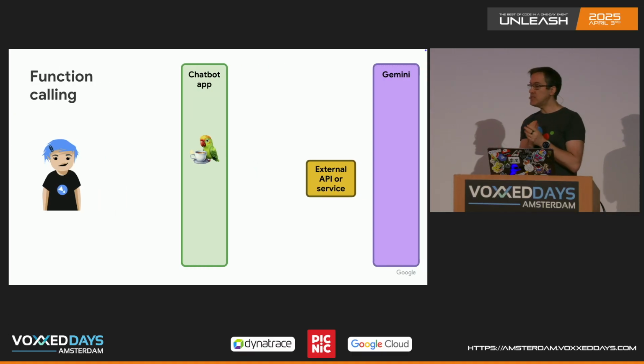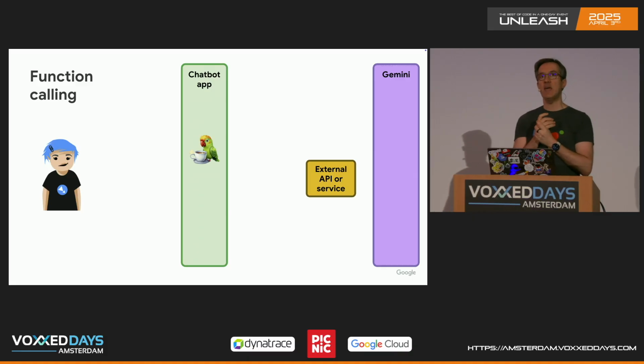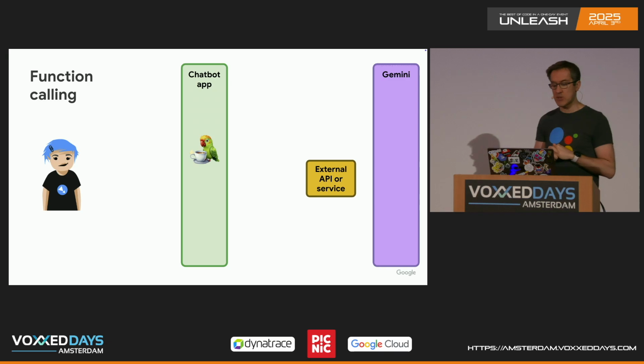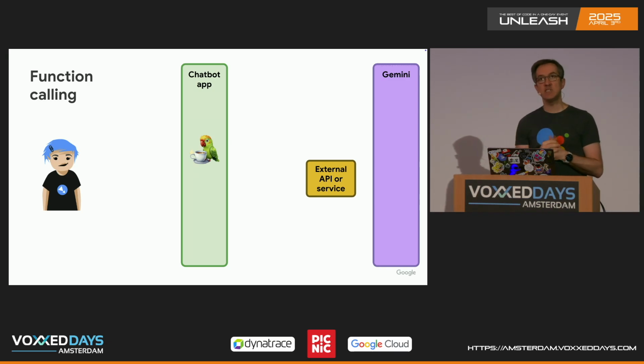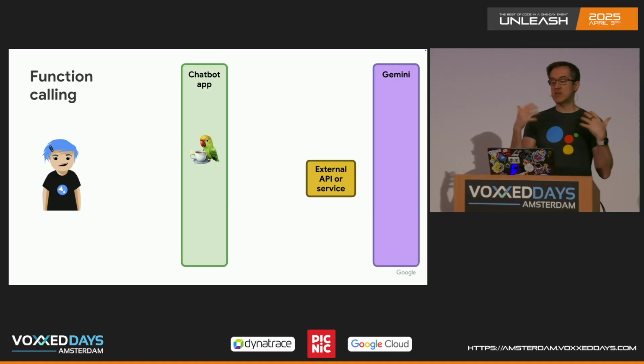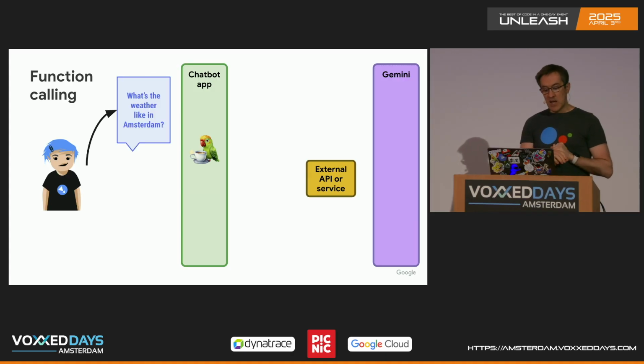But when you create AI agents, there's a key aspect that is important: function calling, also called tool use sometimes. It's a way to help an LLM get access to information or external services or APIs beyond its internal knowledge. Let's say I want to know the weather in Amsterdam.